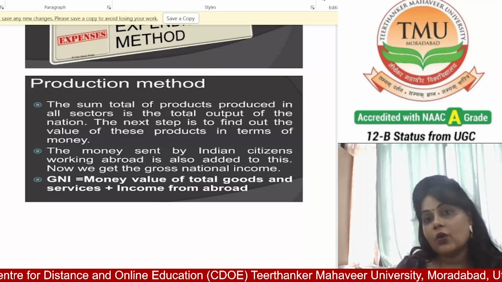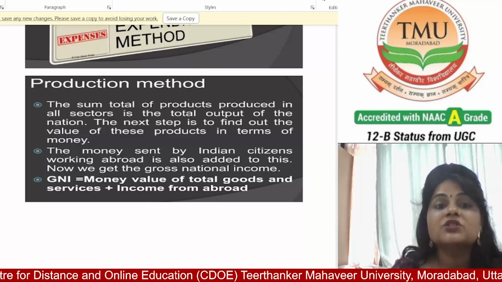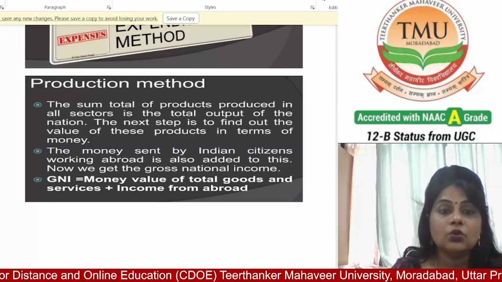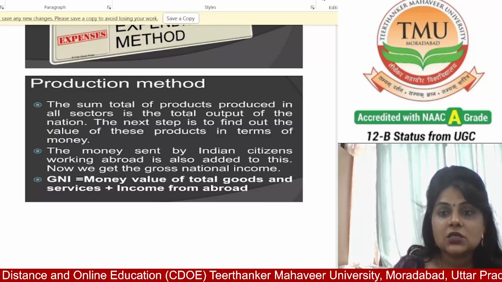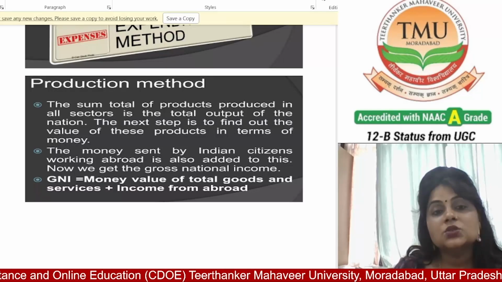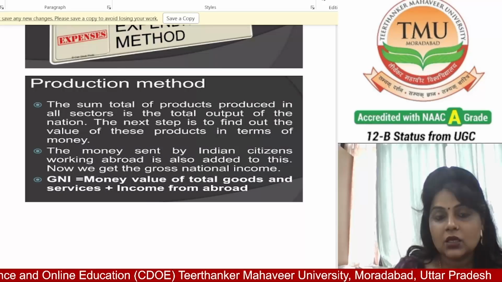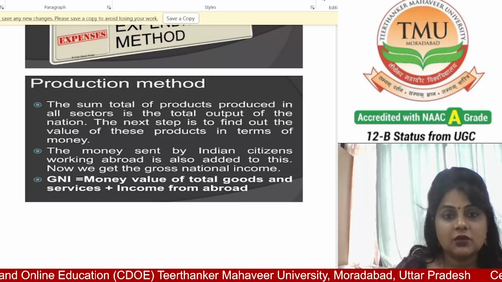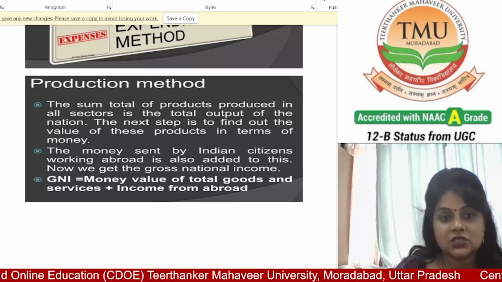Now the double counting problem: a situation in which the value of an output is counted more than once as it passes through its production stages. This is double counting. A product passes through various stages of production before reaching the final stage.